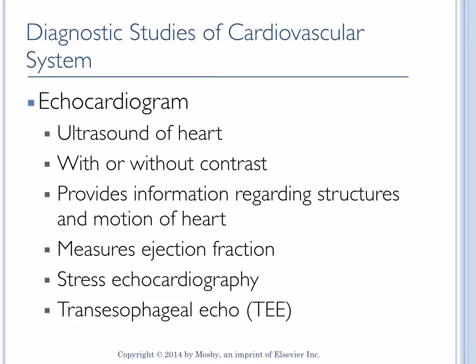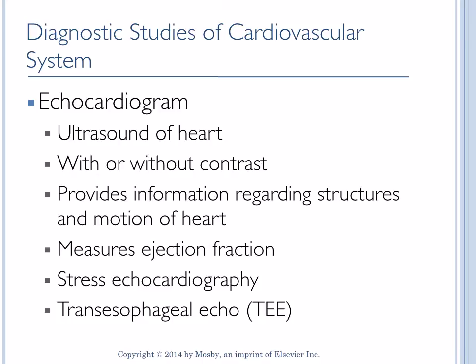Now, there is something called transesophageal echo. Now, transesophageal echo, it's in your book. It provides more precise echocardiography of the heart than 2D echocardiography by removing interference from the chest walls and lungs.